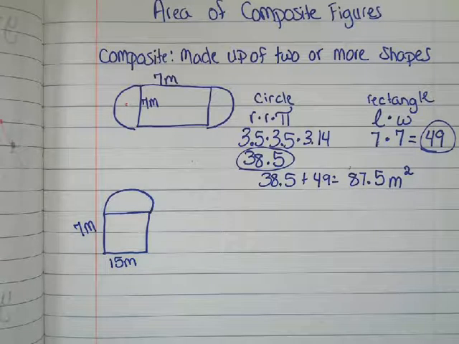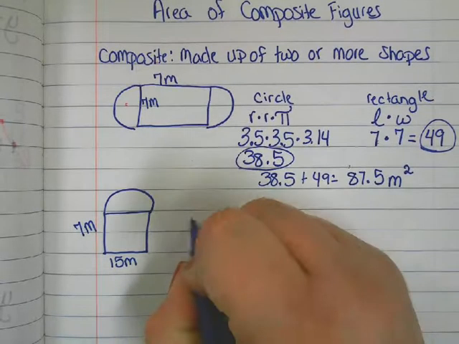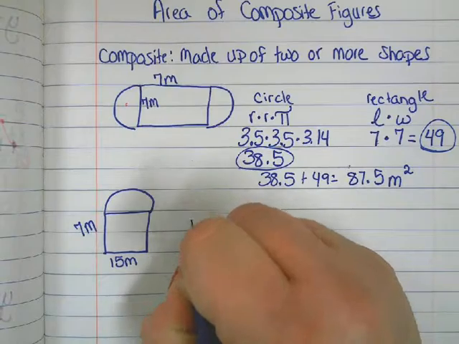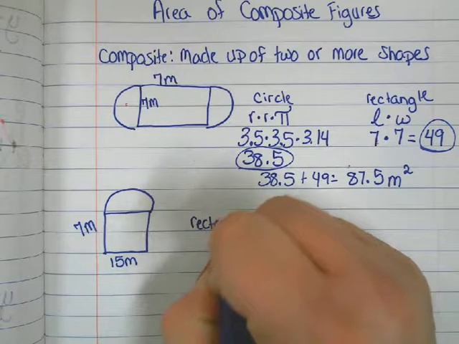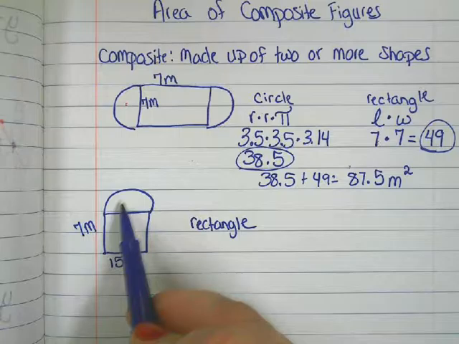A circle and a square. Okay, well, it's going to be a rectangle. It looks like a square, but it's a rectangle. Is this a full circle? No, half a circle. I have half a circle.